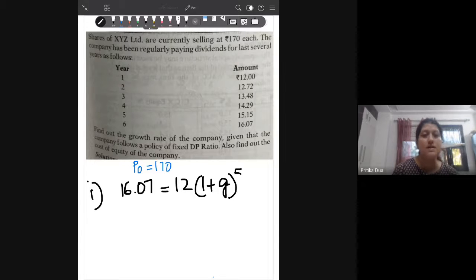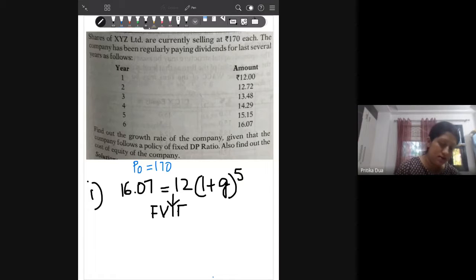Now this is compounding. So just recall, come back to time value of money. 12 rupees is growing to 16.07. So you have a single cash flow which is being compounded at a particular interest rate, and you get 16.07. To find this discount rate, I will go back to the future value interest factor table.